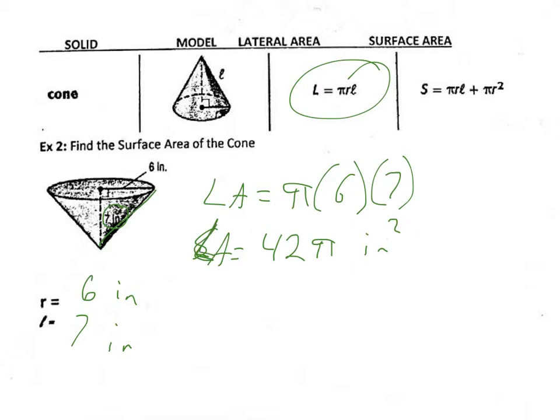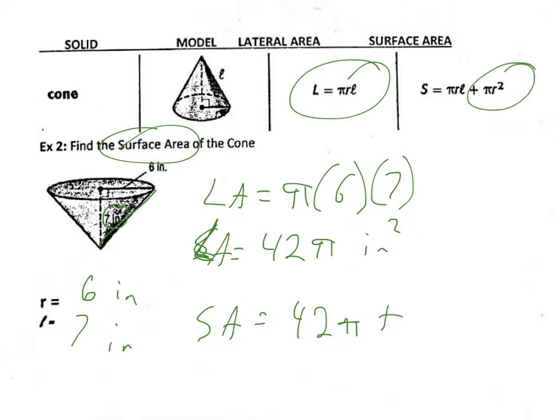Now, it asks for the surface area, so the surface area is my lateral area, 42 pi, plus the area of that circle, which is pi r squared. Well, that's going to be pi times your radius, which is 6 squared, or basically 32 pi, which when we add that up, we end up with 74 pi.